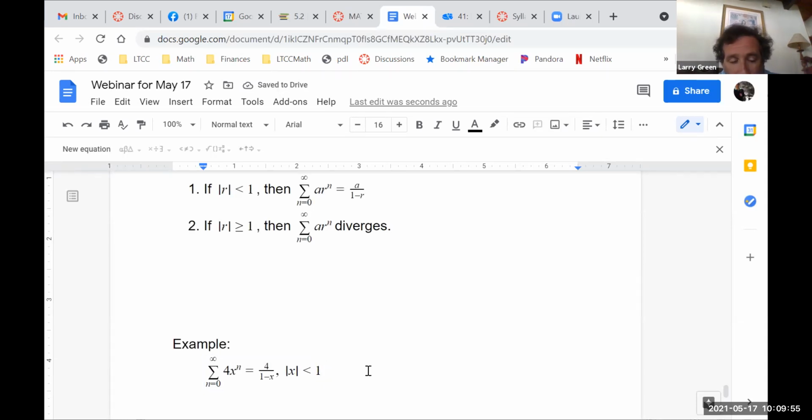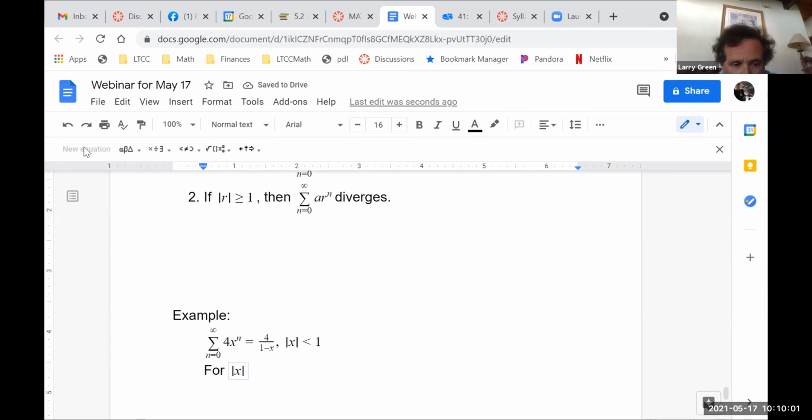And then for the absolute value of x greater than or equal to 1, this diverges by the GST. And you know what GST is? What does that stand for?